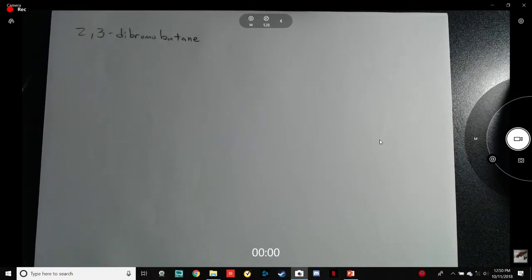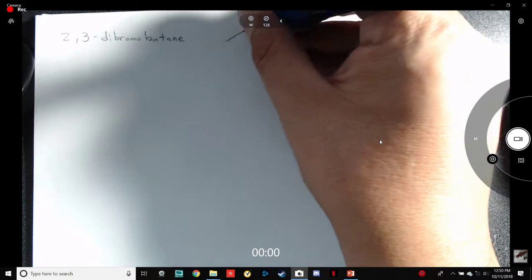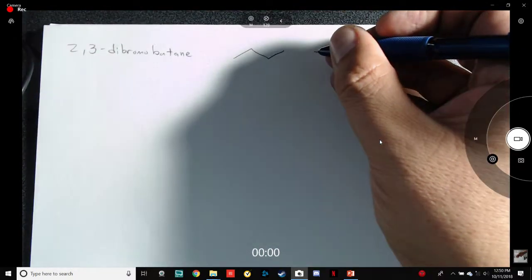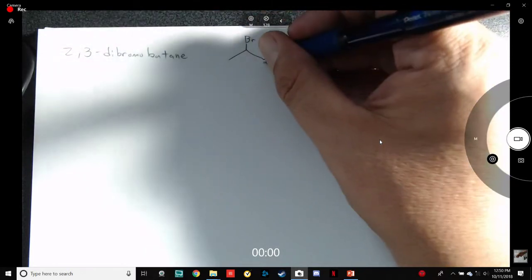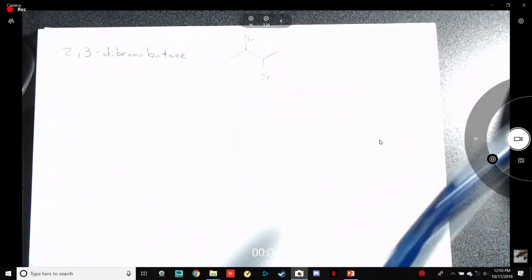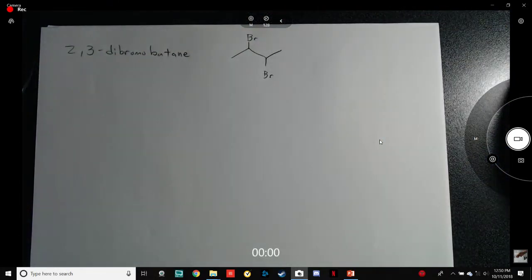What I'm going to do is draw the molecule flat, and then we're going to identify how many chiral centers there are, and then from there I want to draw all the possible stereoisomers and make relationships between them. How are they related? So drawing this flat, we just have the butane there, and then we have a Br and a Br, like that, at carbons 2 and 3.